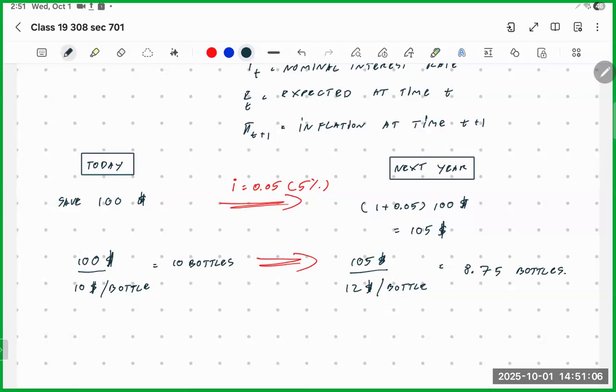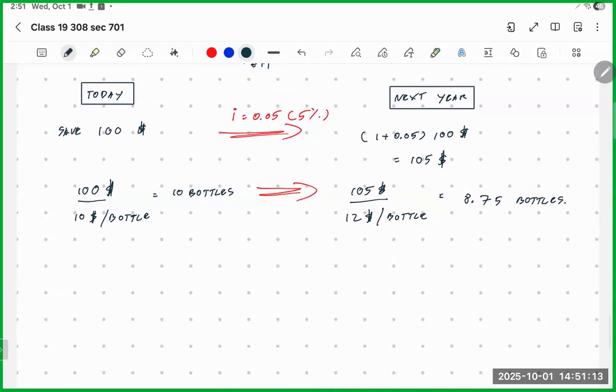So the real return that you're going to get, you actually have to take the inflation effect out of the nominal interest rate. This is why it becomes r_t equal to i_t minus E_t pi_t+1. If today the nominal interest rate is 5% or 0.05, you have to think about what inflation is going to happen in the future.